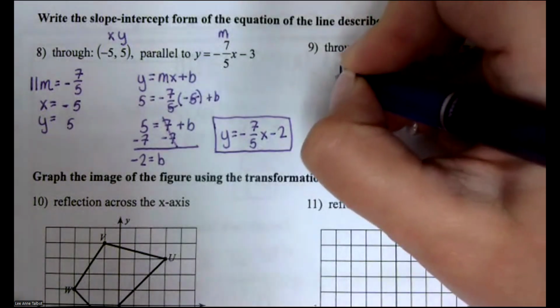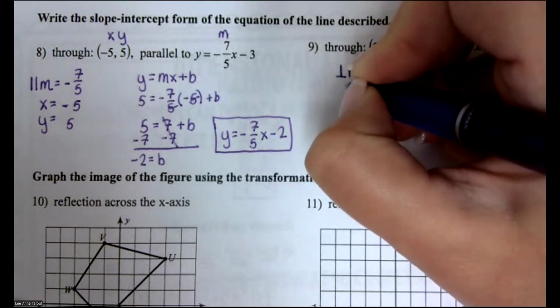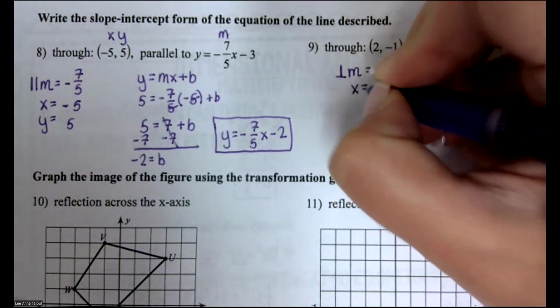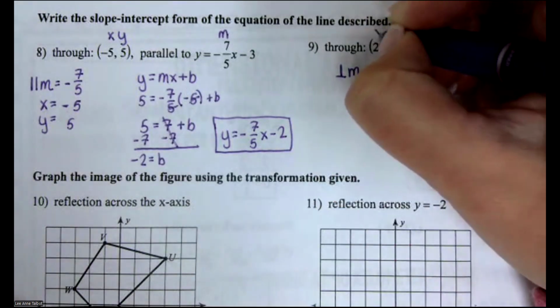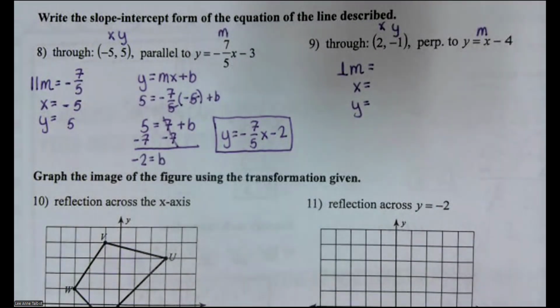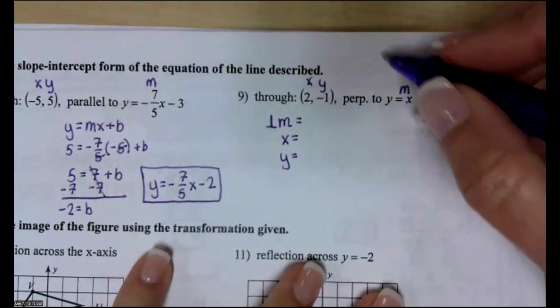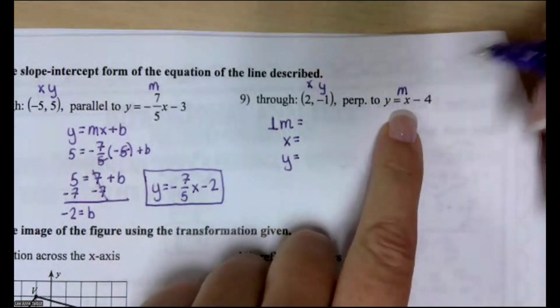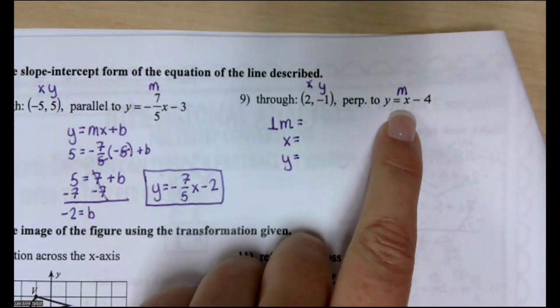Okay, number 9, perpendicular slope, X, Y. Okay, so I'm going to use my space up here. What's the slope of this? Just 1.